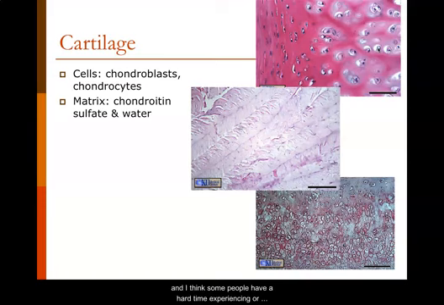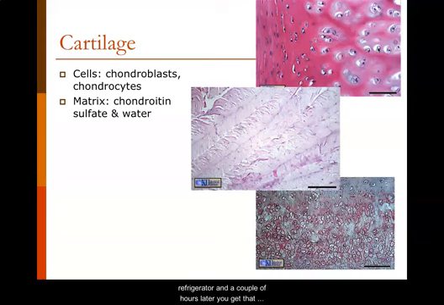And I think some people have a hard time understanding how a water-based ground substance can have such a firm gel-like consistency. And the best example I can give you is if you've ever made Jell-O, right? You know exactly what I'm talking about. Jell-O is mostly water. You just boil a bunch of water, pour in the Jell-O packet, and put it in the refrigerator.